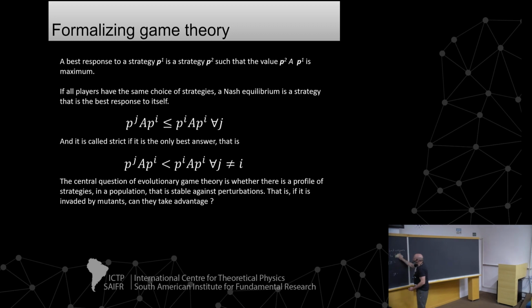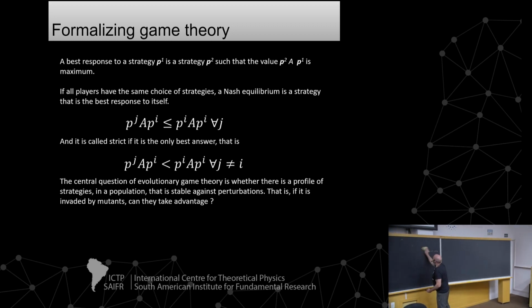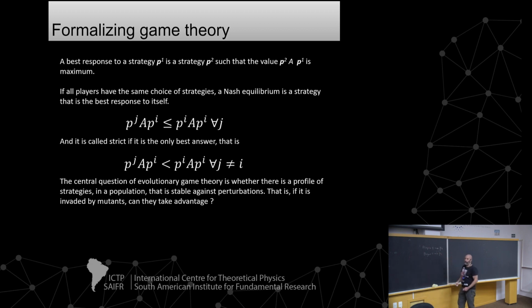No. What I'm saying is the following. Suppose that I have player 1, and this player is choosing strategy P1, okay? And I have player 2, and this player is choosing strategy P2, okay?